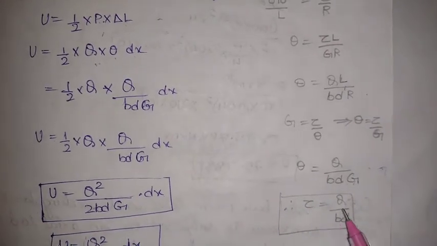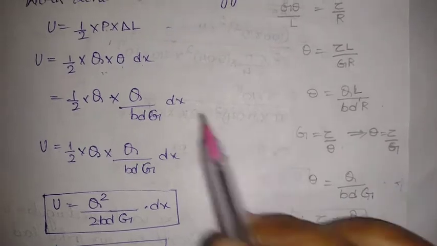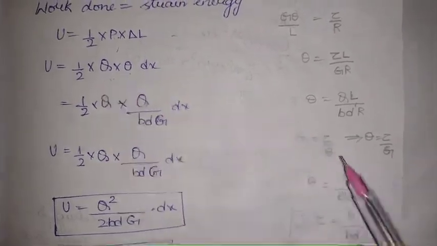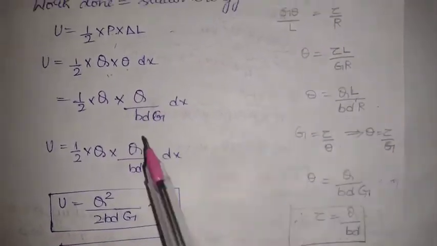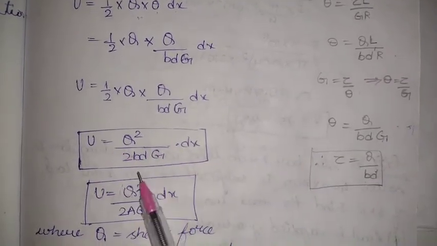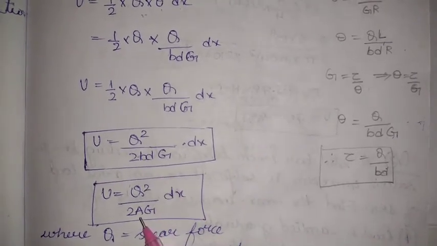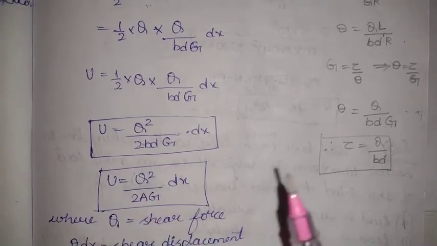Simply the shear stress would be Q by BD. But we now require this theta over here. Simply substitute this and you will get the equation: U is equal to Q squared by 2BDG dx. We know BD is nothing but the area of the cross section, so 2AG.